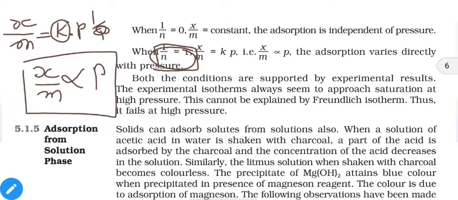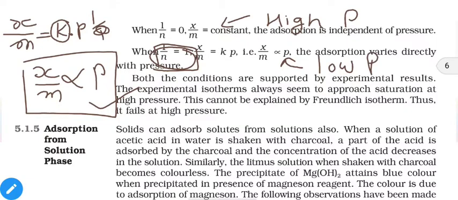Okay, but this is true at different conditions. The first condition is true when the pressure value is comparatively very high, and the second is true when it is low. That means the first situation is obtained at high pressure values, and the second situation, that is, dependence on pressure, will be observed at low pressure values.